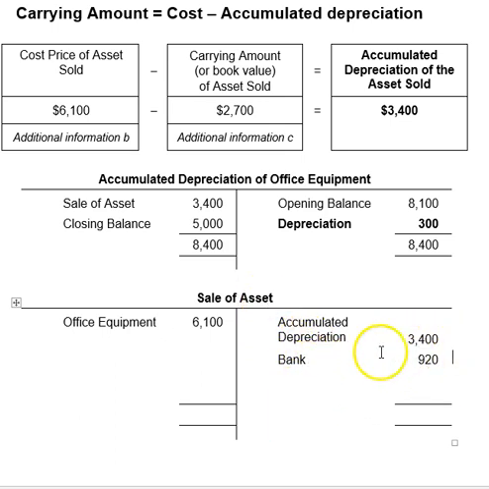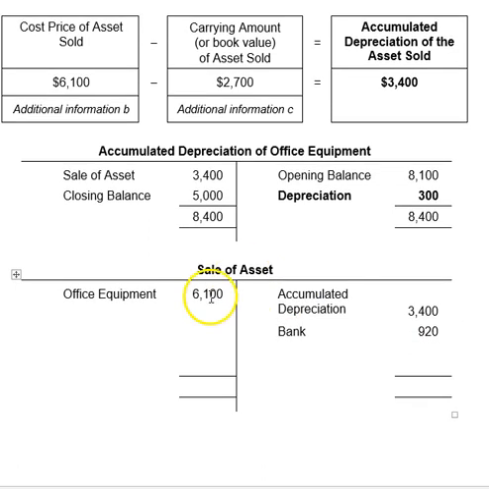Now I need to determine whether I'm making a gain or a loss. This is very easy. If your debit side is more than your credit side, you are going to make a loss. If your credit side is more than your debit side, you are going to make a gain. If we look at our question over here, on our debit side we have 6,100. On our credit side we have around 4,120.